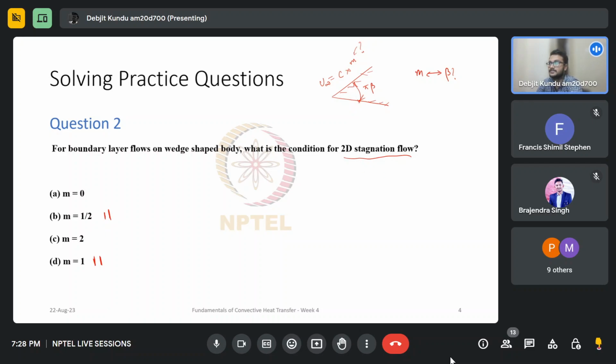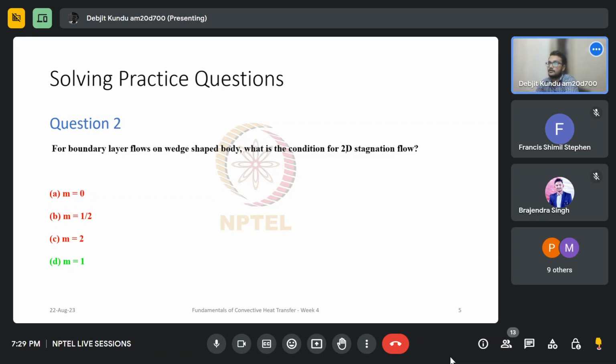What does it basically mean? Alright, let's have a look at the solution. The solution is option D, m equal to 1.